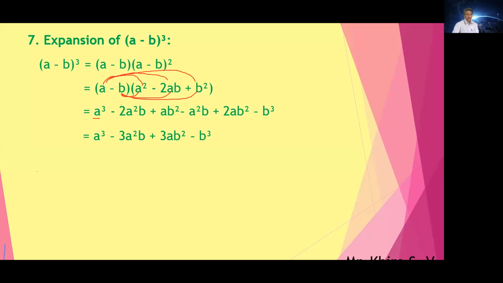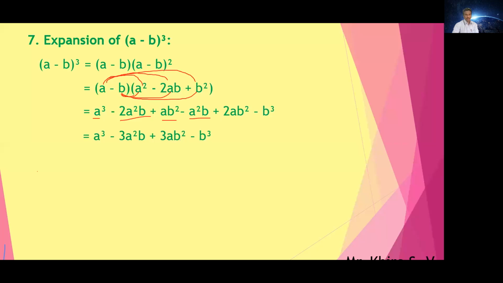Therefore, we'll get a cube minus, now addition or subtraction of like terms: minus 2a square b and minus a square b will become, add them, minus 2 and minus 1 is minus 3a square b.